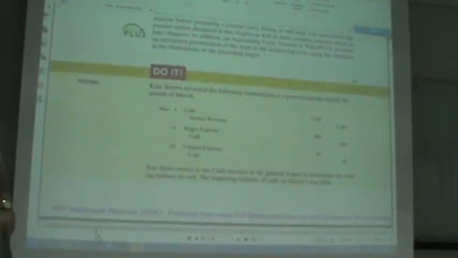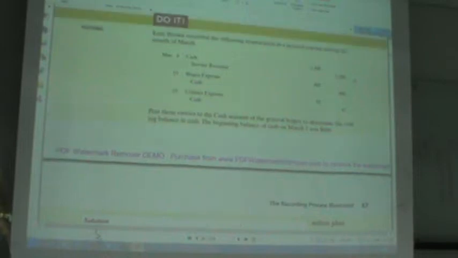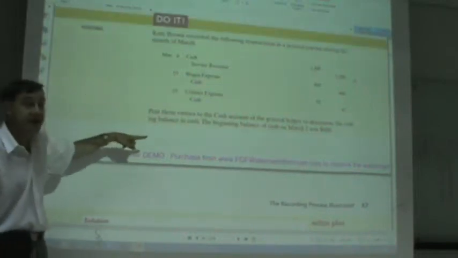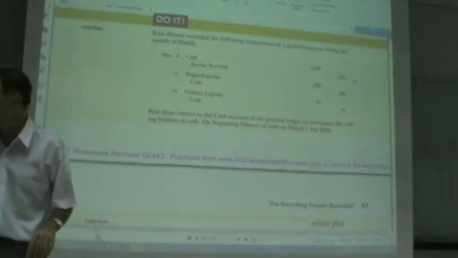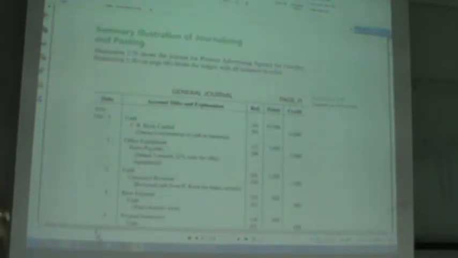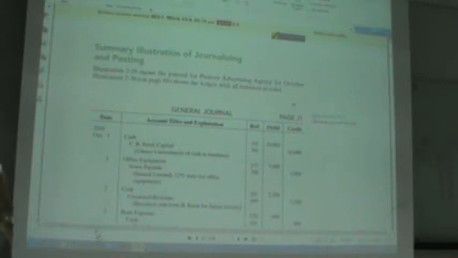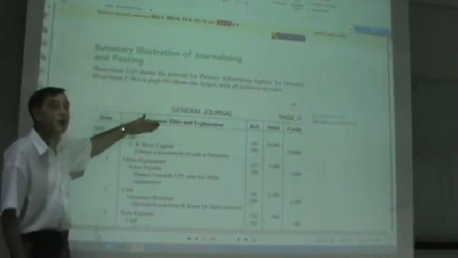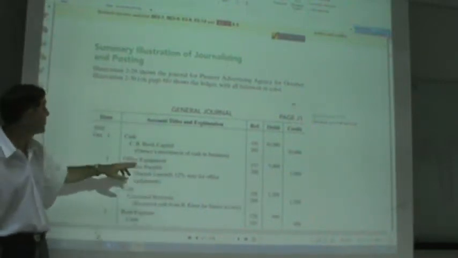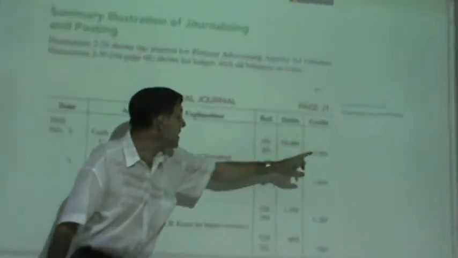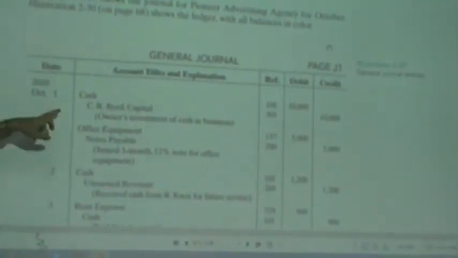Alright, let's see what else we have. We got an example, you're going to look at this example over here, and we got a few minutes for a final example that we're going to do. This is just a summary. They just give you a summary. The cash, the investment, that's the first transaction, October 1.